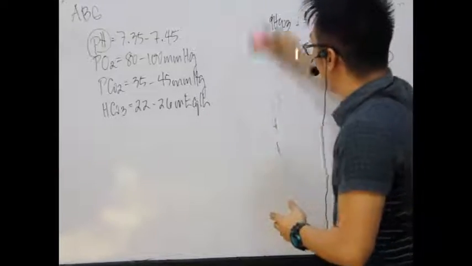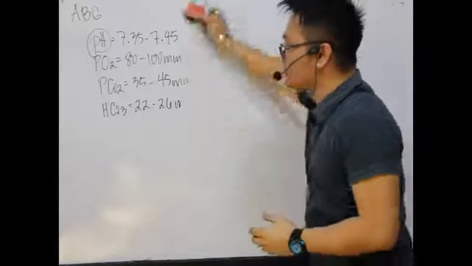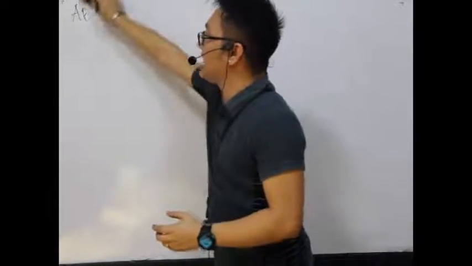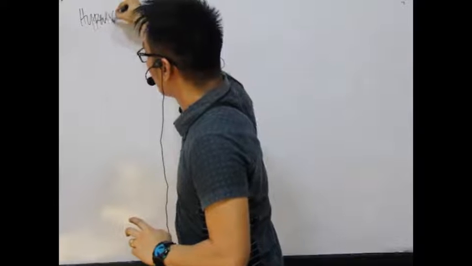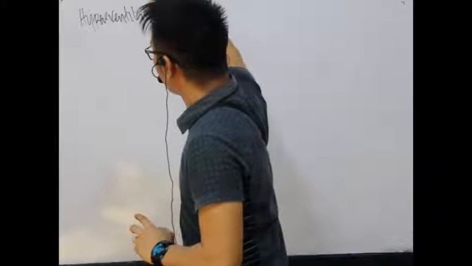Now, when I say PCO2, bicarb, PO2, and pH, okay, there are things you need to remember about imbalances. Let's start with what we call hyperventilation. Remember, when you hyperventilate, what will happen?